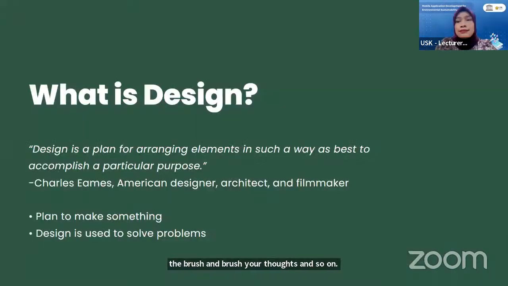So what is design itself? Design is a plan for arranging elements in such a way as best to accomplish a particular purpose. So in simple words, design is a plan to make something. It is also used to solve problems.